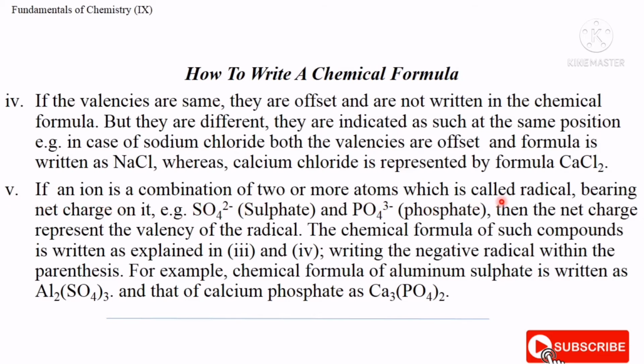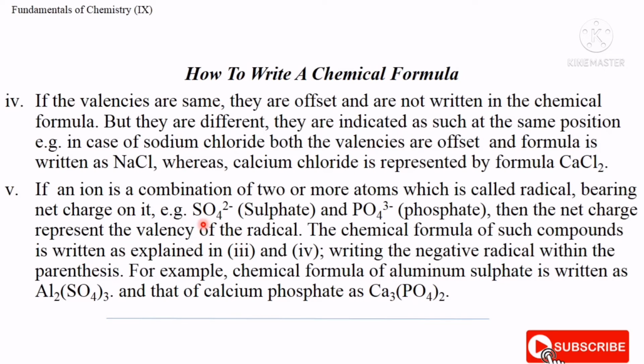2 or more atoms, which is called a radical, bearing the net charge. It is the definition of a radical, a group of atoms bearing a net charge on it, known as the radicals. And in case of radicals, how do we write a chemical formula?